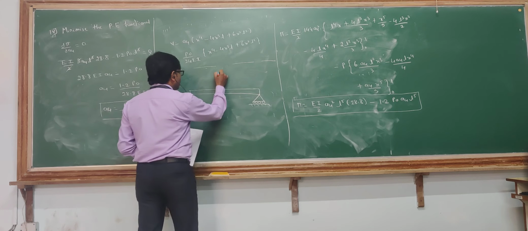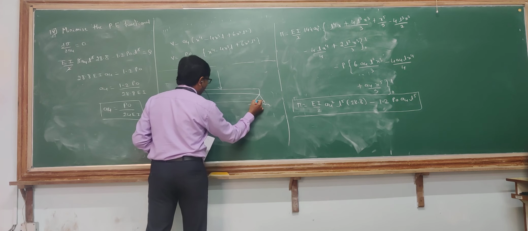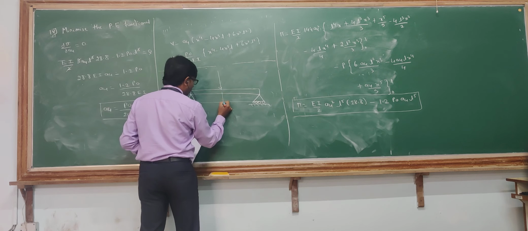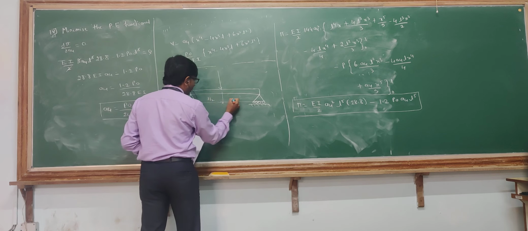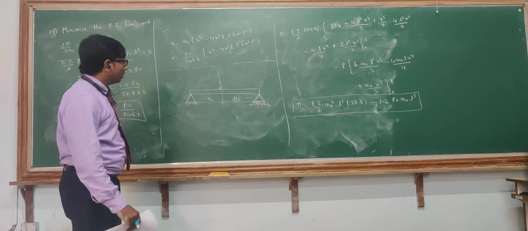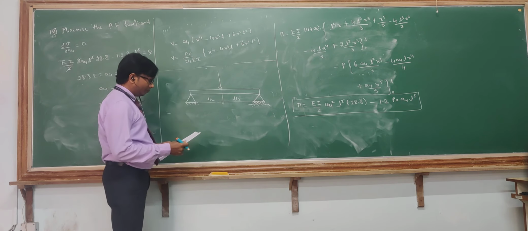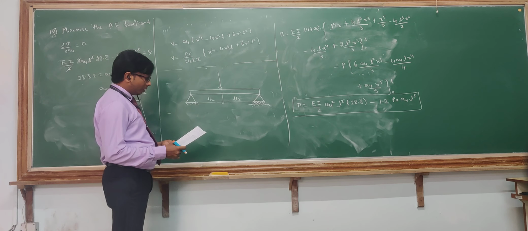Okay, and it is subjected to a point load at the center. So this is L by 2, this is L by 2. For this, you have to find out the displacement of the body.